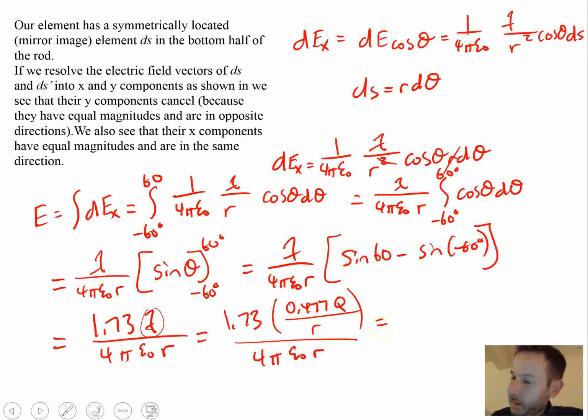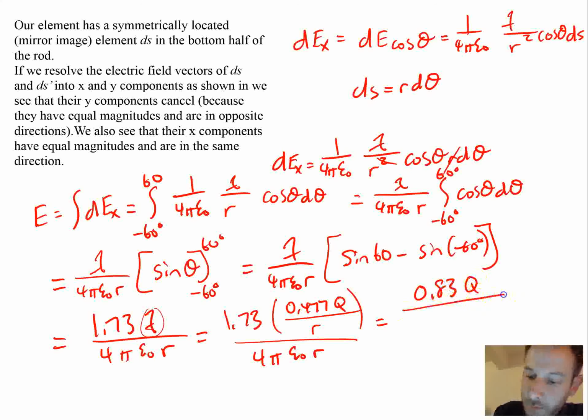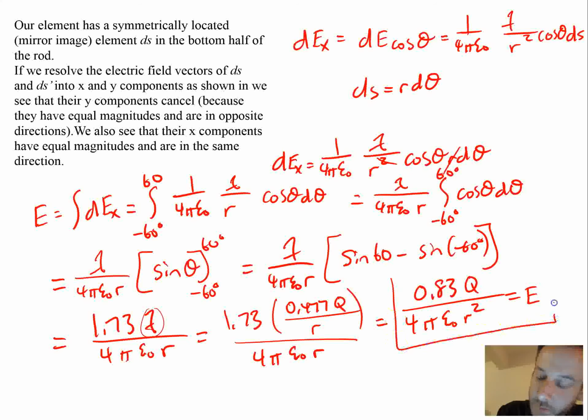And finally, you end up with 0.83 q divided by 4 pi epsilon naught r squared. And that's going to be equal to our electric field. And there you have it. In the next lecture, we're going to be discussing a charge distributed over a disk.